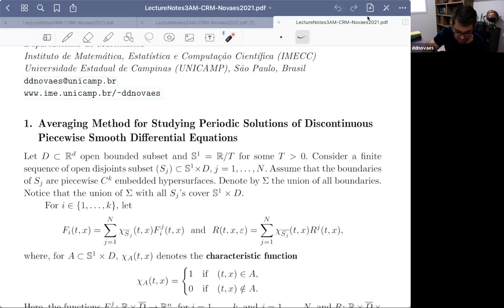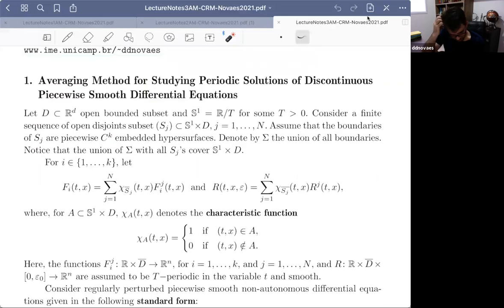So we will consider disjoint subsets Sj of S1 times D, and we will assume that the boundaries of Sj are piecewise smooth embedded hypersurfaces, and we denote by sigma the union of the boundaries of Sj. Sigma will be our discontinuity set. Okay.